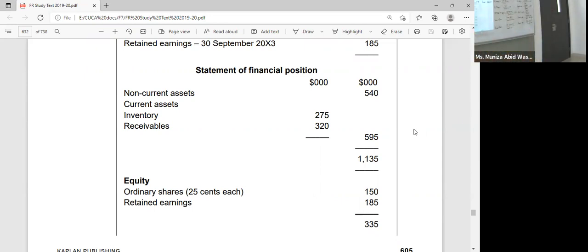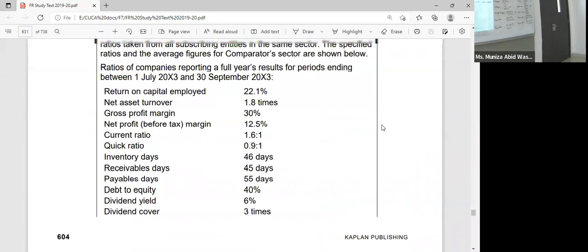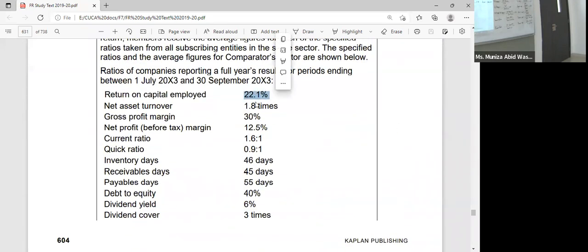Now, the return on capital employed with which you have to compare this figure is 22.1%. Is it, students?